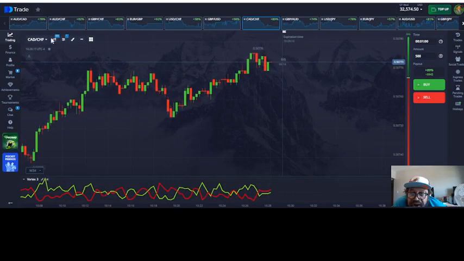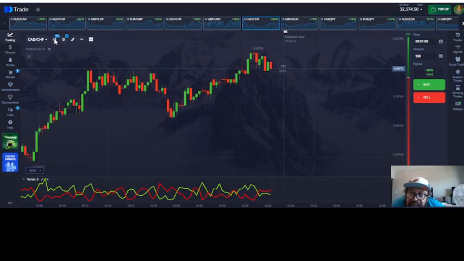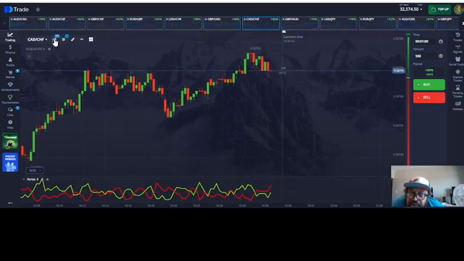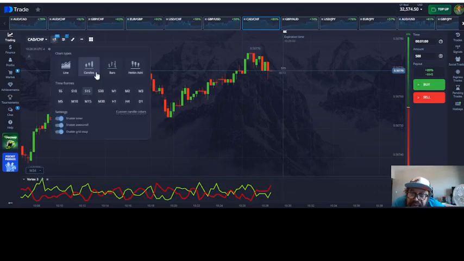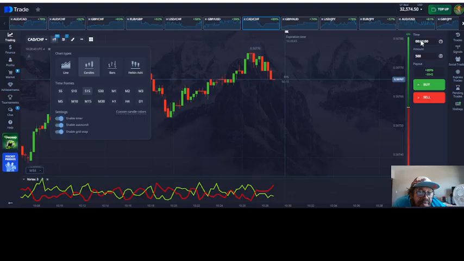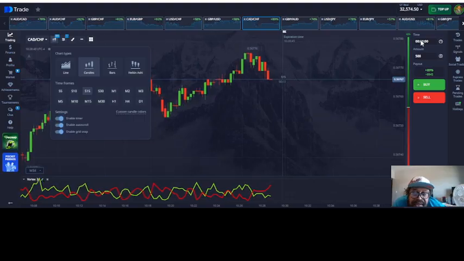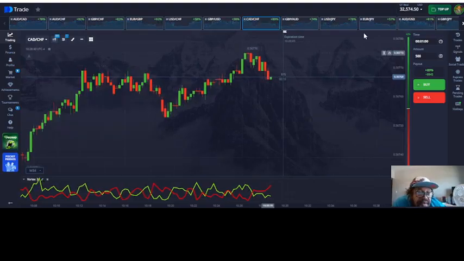For the candlestick chart, I have the charts set to 15 seconds, S15 regular Japanese candles, and for my trade timer, I have the trade set to 1 minute here. 1 minute, M1.